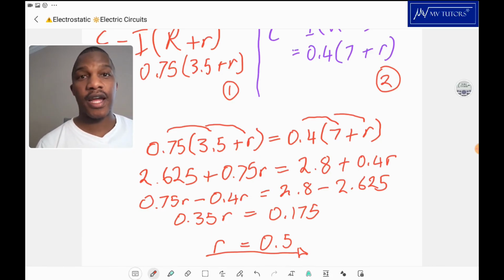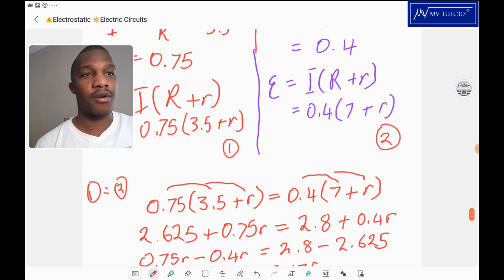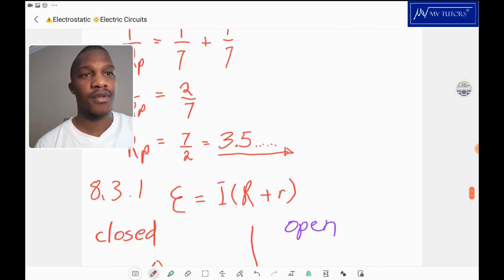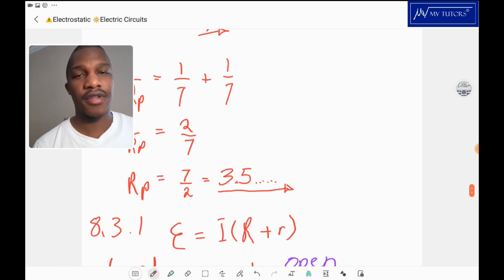Now, once again, what are the units for this? Let me know in the comments section. Okay, but I'm just going to go back here. When I asked you to let me know for that, what did you say? Did you say ohms?